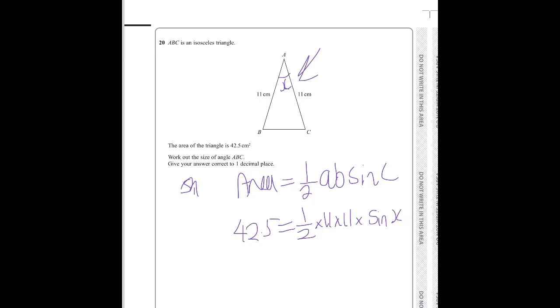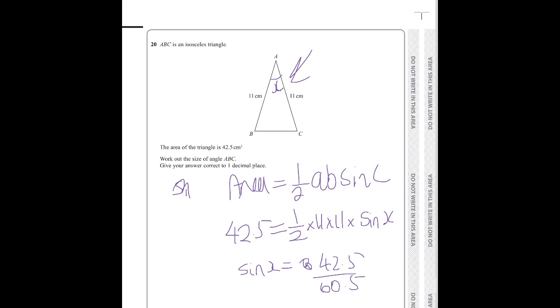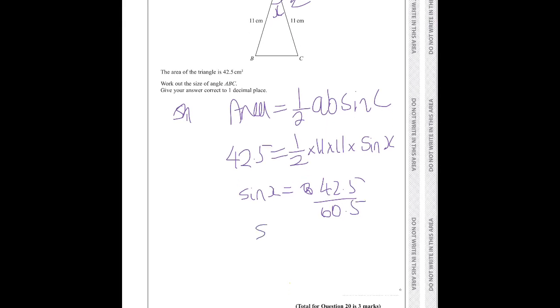So let's rearrange. Half of 11 times 11 is 60.5. So we can say sine X is 42.5 over 60.5. If we do the inverse sine of that, we will get X. So let's do that.